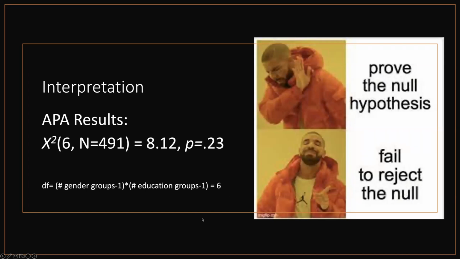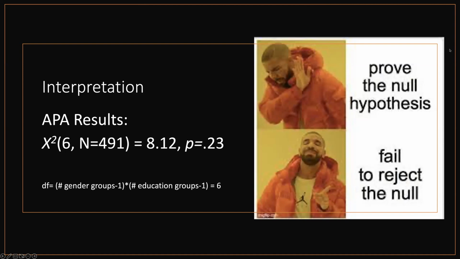And so this Drake is helping me illustrate, we do not say prove the null hypothesis, we're going to fail to reject the null hypothesis. And again, this is not a valid test based on the assumptions that we've violated. I just want to demonstrate this idea for you with the data set that I've been using for these videos.